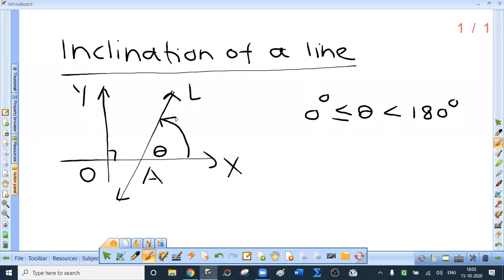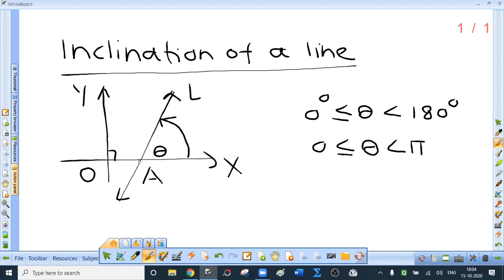So what is inclination of a line? It is angle made by the line with positive direction of x-axis. If theta is the inclination of a line, then 0 degree less than or equal to theta less than 180 degrees. Or I can say same thing using radian measure, 0 less than or equal to theta less than pi.